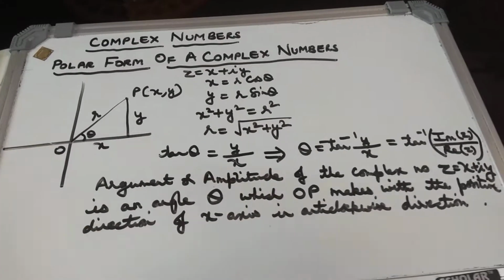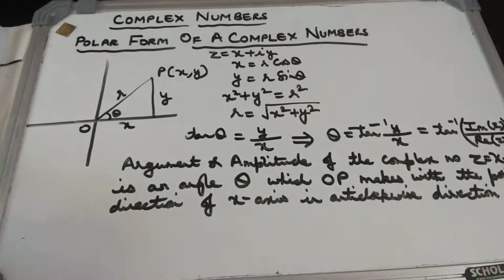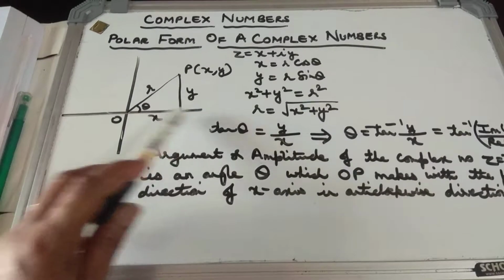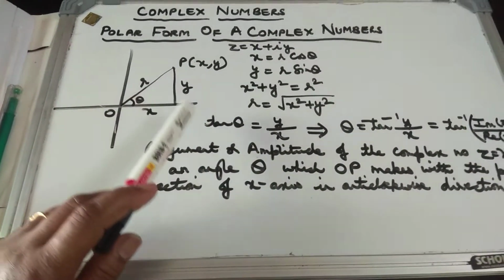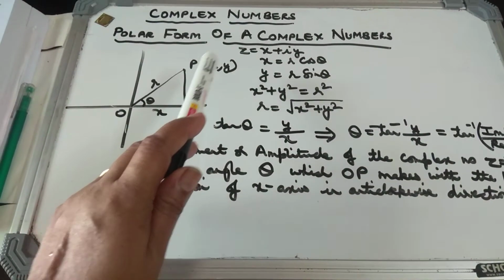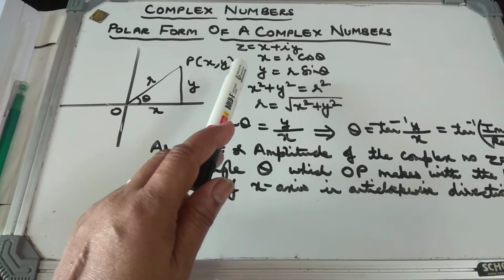Now, z equals x plus iy is a complex number, as you already know, and we have already seen that we can represent it on the complex plane, or you may call it the Argand plane, where P is the complex number represented by x comma y.